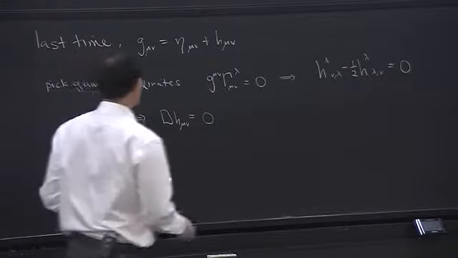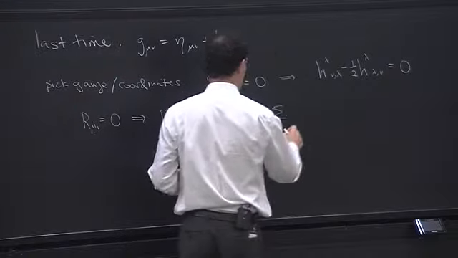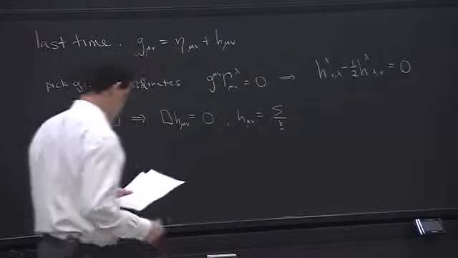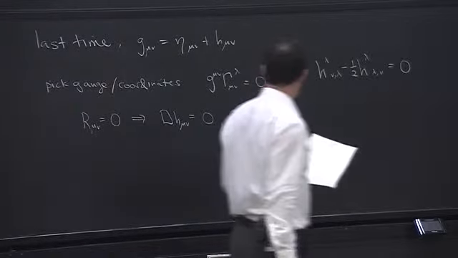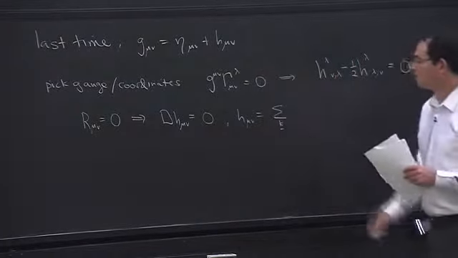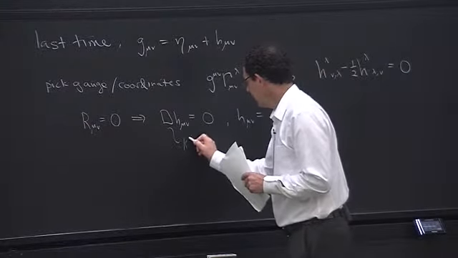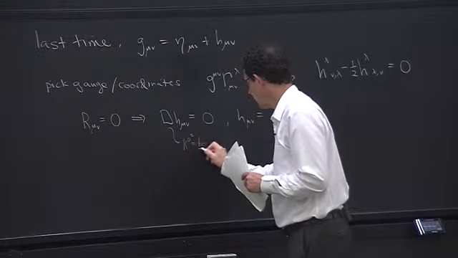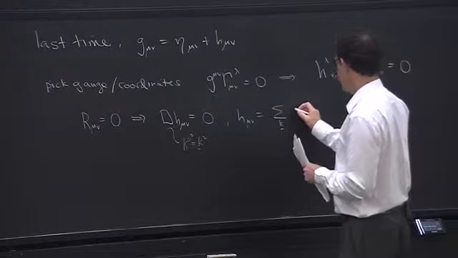And so the solution was a sum over, and let's just write it out in this way. It's a sum over wave numbers, k. This equation here becomes the condition k naught squared equals k squared. And so I can write the solution in the following way.